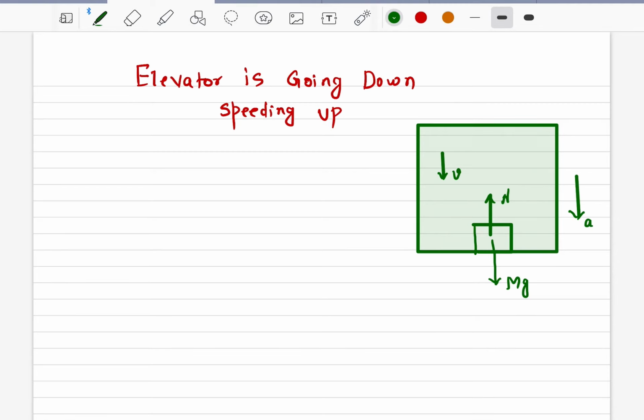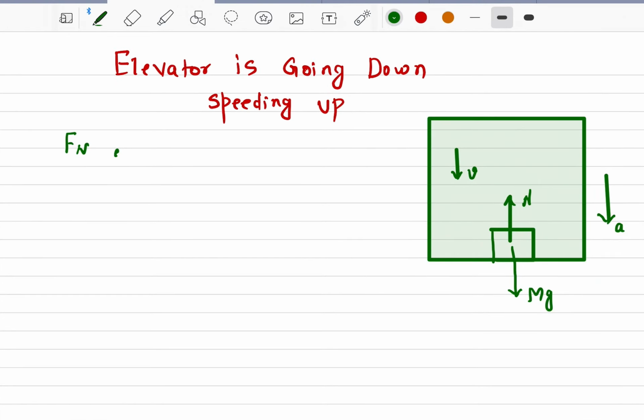Okay, so again, let's write down Newton's second law of motion. F net is equal to mass times acceleration. Again, I can call the upward direction positive. You have the liberty of choosing your own direction.